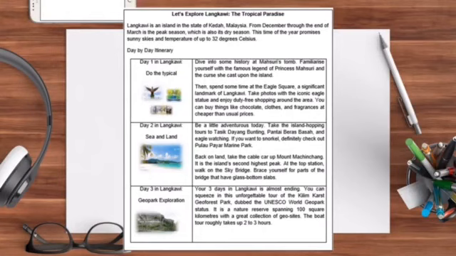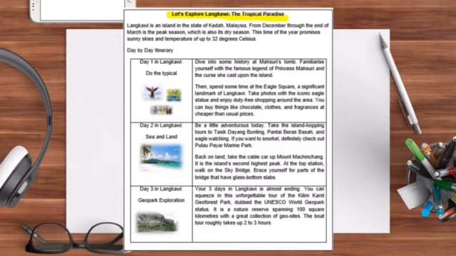Let's explore Langkawi, the tropical paradise. Once again, you have to read the text and understand all the information in the text. Then try to underline the words that you feel are difficult for you.